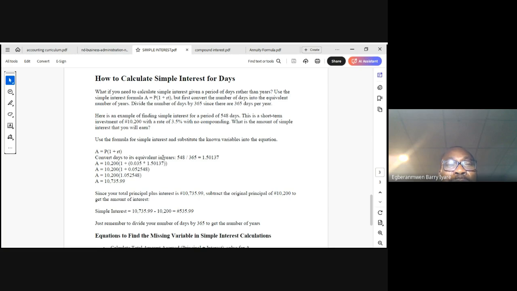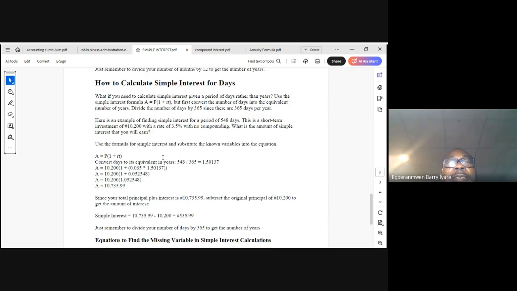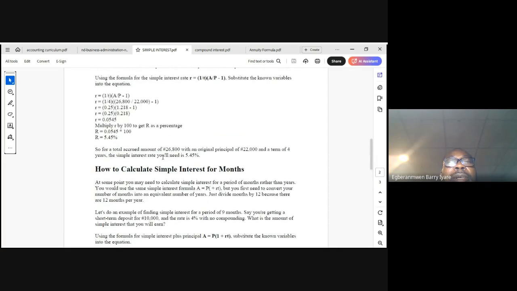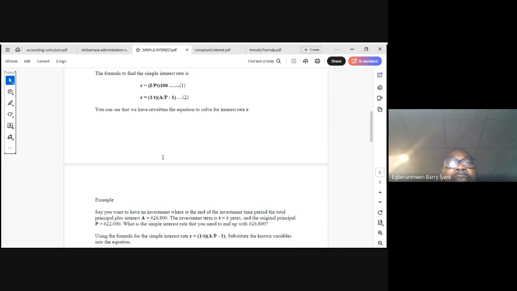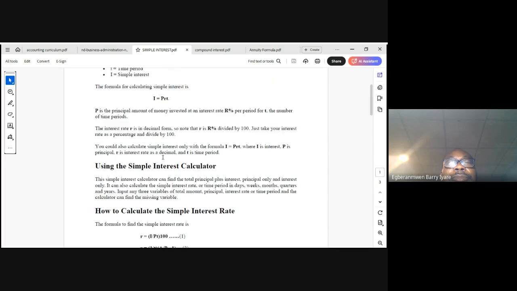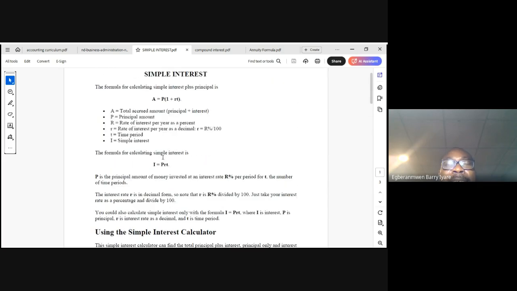So I advise you, if you are looking for the simple interest, always go back to this formula. I equal to PRT. Always use I equal to PRT, except they ask you to find the amount before you can now use the formula for finding the amount.